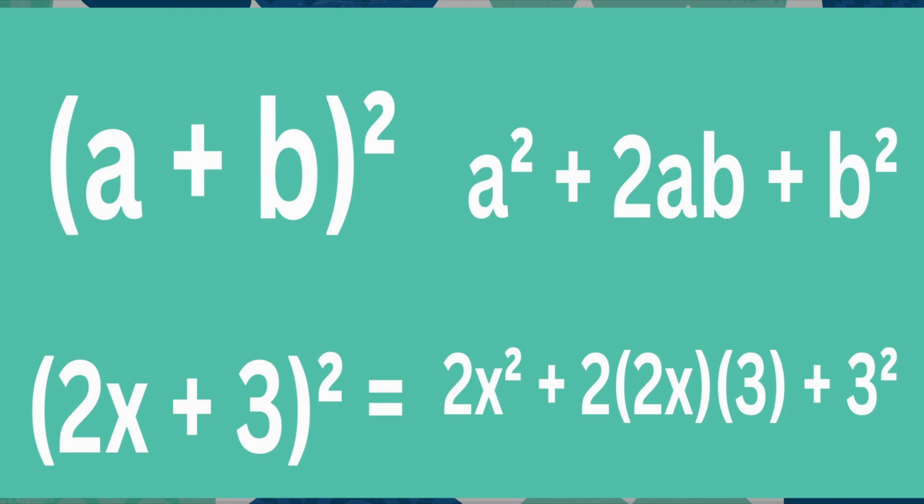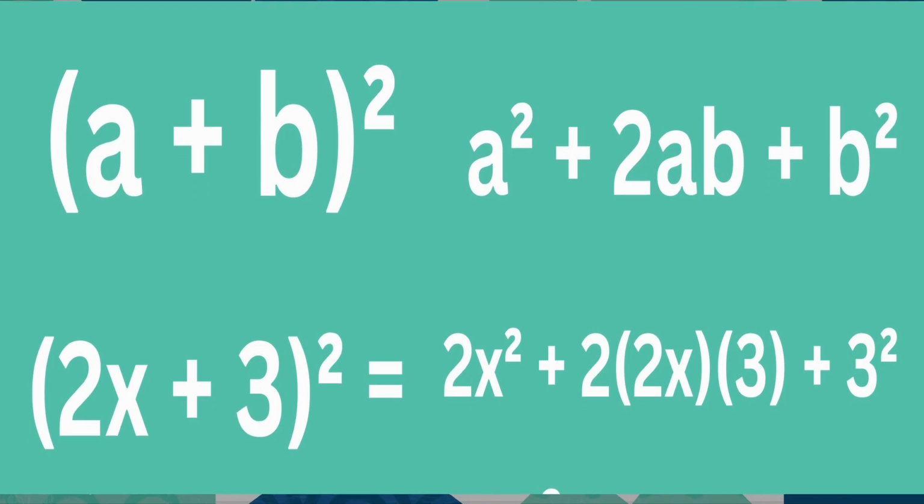Write down the expression and find A squared, positive 2AB, positive B squared. A represents the first term and B represents the second term. In this binomial, the first term is 2x and the second term is 3. A squared will be 2x squared, positive 2AB will be 2 times 2x times 3, B squared will be 3 squared.